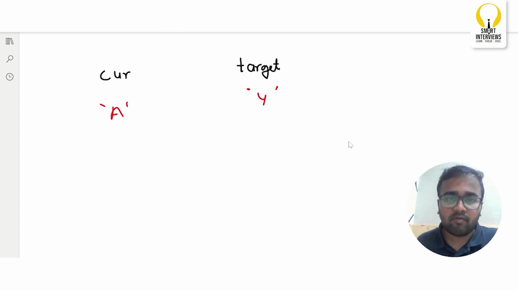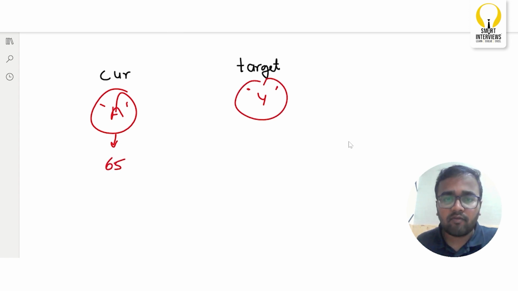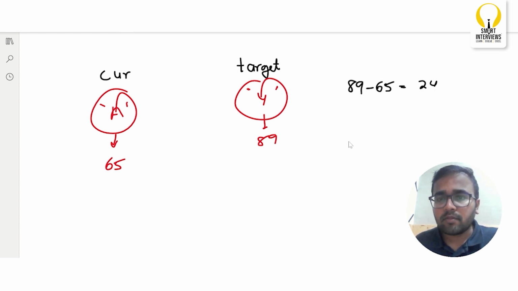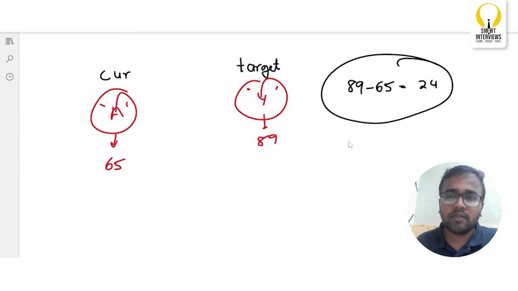So obviously Y comes after A. To convert this, we can simply count the number of characters between A and Y, including Y. How will you find that? Let's take the ASCII value of A, which is 65, and the ASCII value of Y, which is 89. So the number of steps is 89 minus 65, which is equal to 24. This is how you got the output as 24.